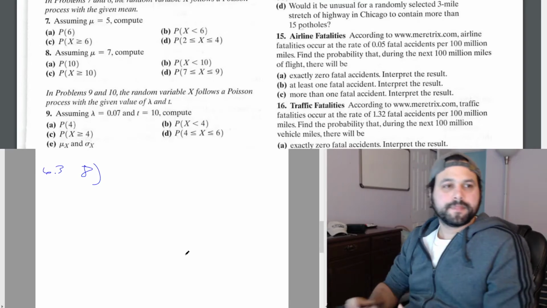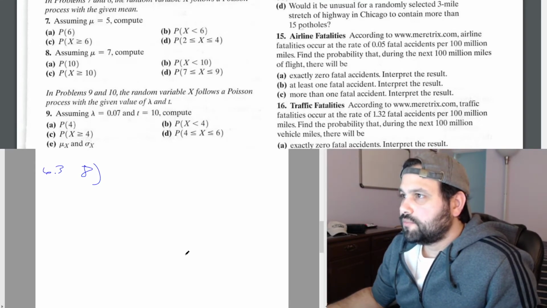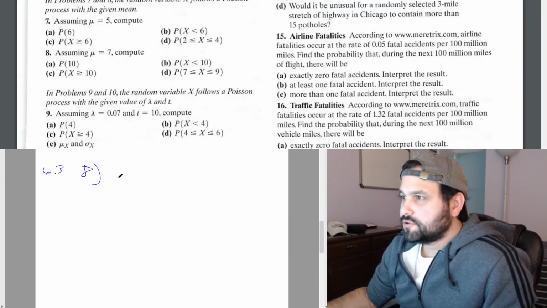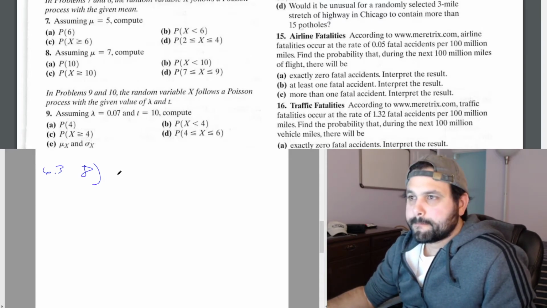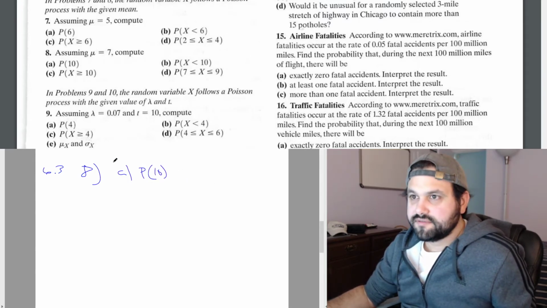Okay, number 8. In problems 7 and 8, the random variable x follows a Poisson process with the given mean. Assuming mu equals 7, compute the following. How are we going to find the probability of 10?